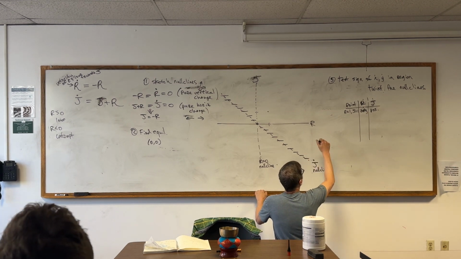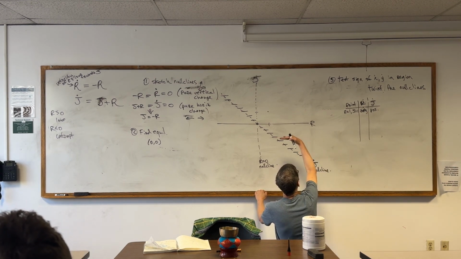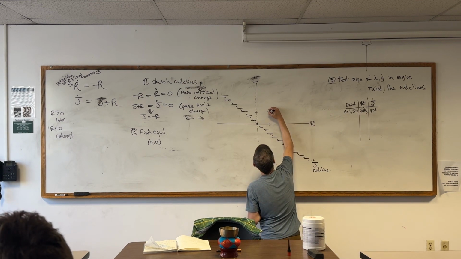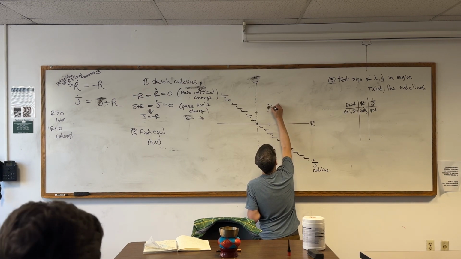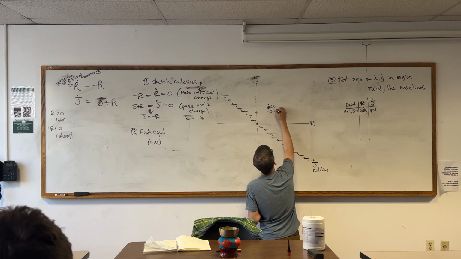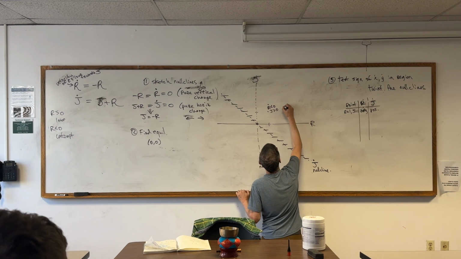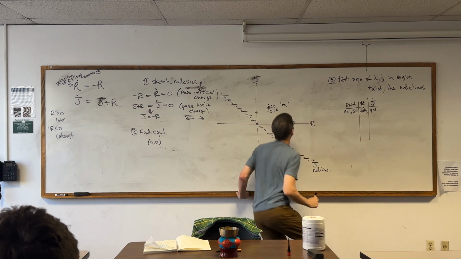So that means we have a leftward component and an upward component. So right here, let's make a little note: r dot is less than 0 and j dot is greater than 0. So my arrows are left and up. That's the general flavor of them.